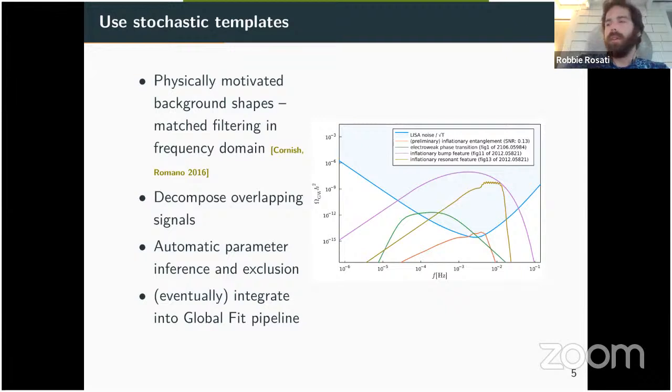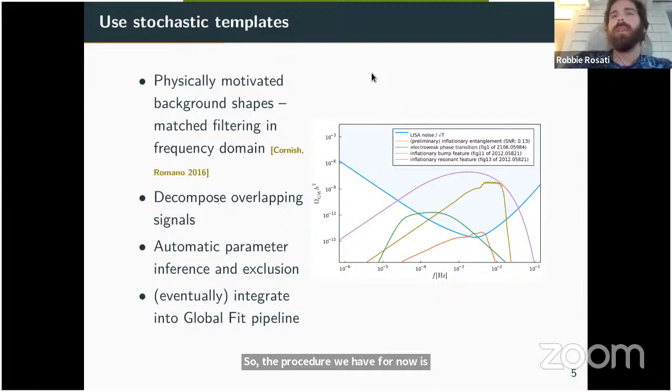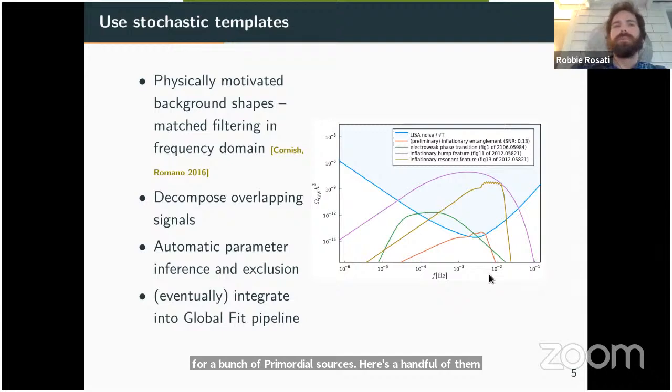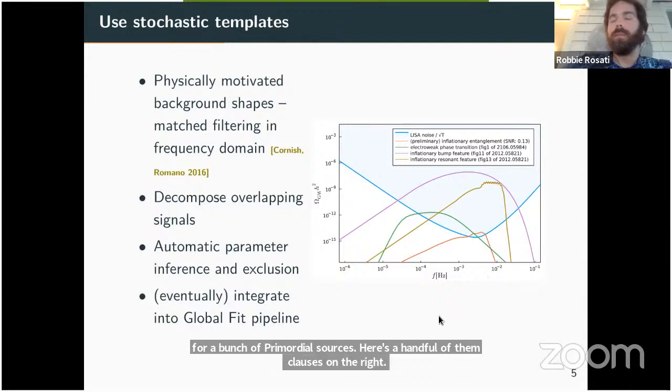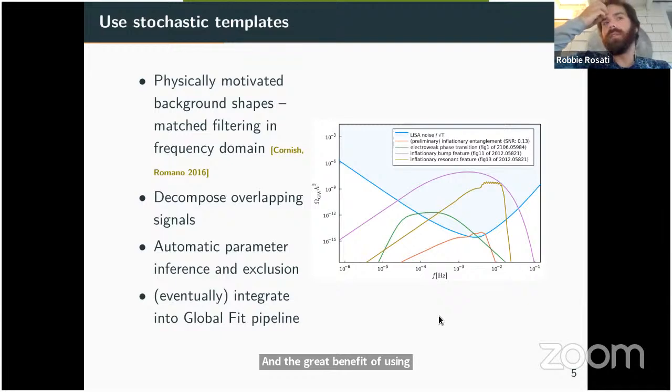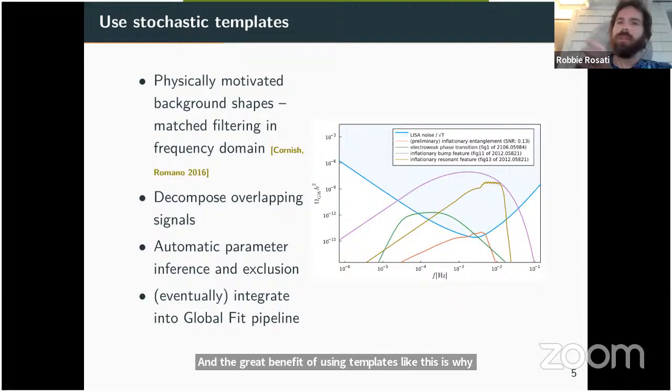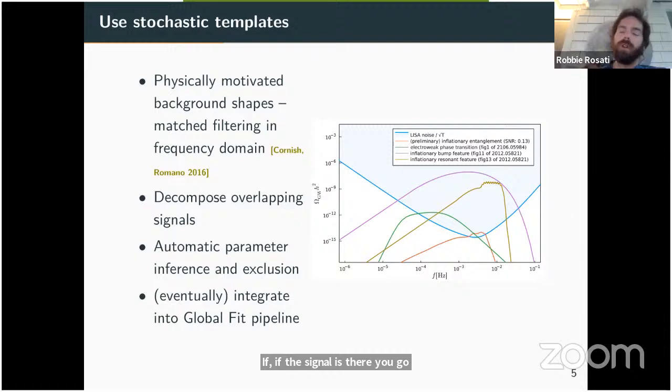So the procedure we have for now is to use stochastic templates. These are essentially frequency domain templates for a bunch of primordial sources. Here's a handful of them plotted on the right. And the great benefit of using templates like this is when you have overlapping signals, you can decompose them. If the signal is there, you get automatic parameter inference.